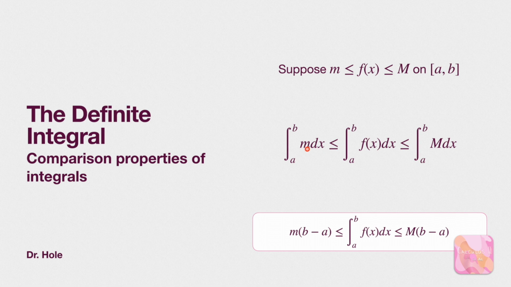But the areas produced by the little m and the capital M are rectangles, and we can use geometric formulas to compute their area. The height is m in both cases, and the base is b minus a. Thus, we get that on the left, it evaluates to little m times b minus a. On the right, capital M times b minus a.